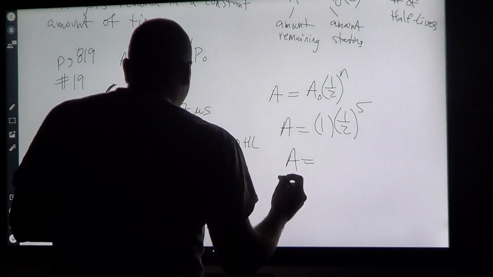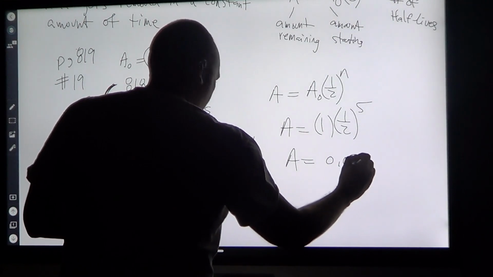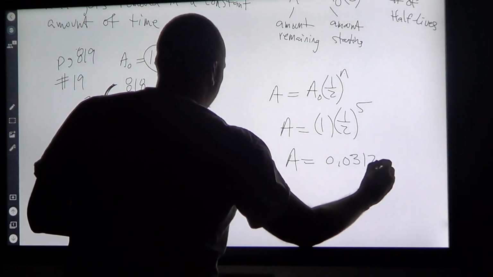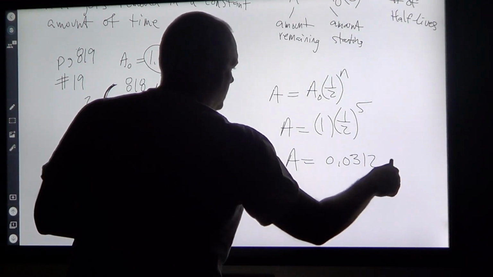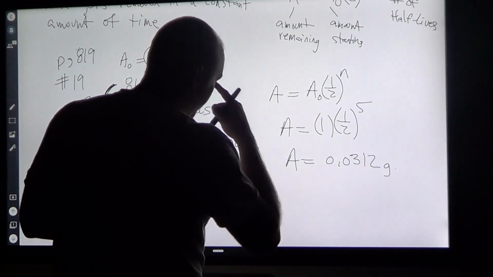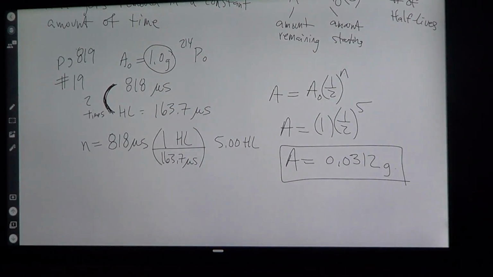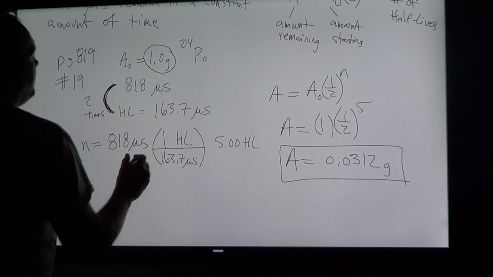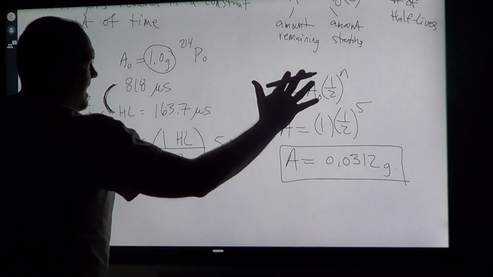So the amount remaining would be 0.0312 grams. Remaining. Okay. If you're ever given 2 times, your conversion is first, math second.